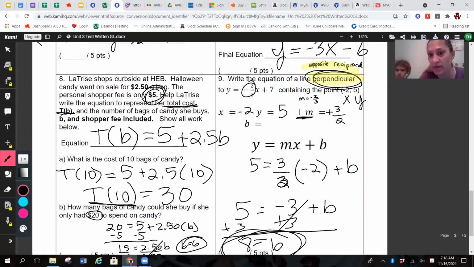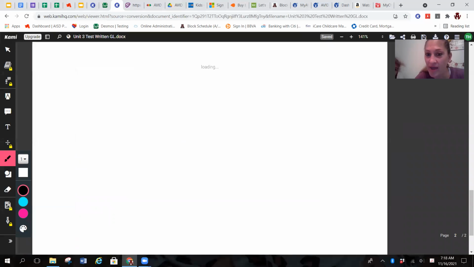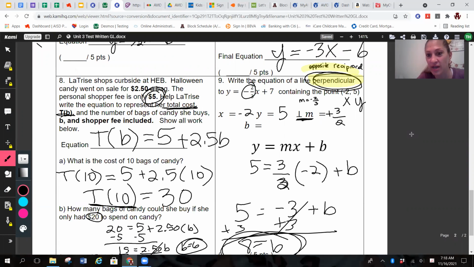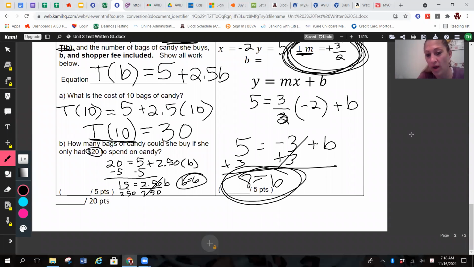Now that you have your B, now that you have your new y-intercept, you are ready to write your equation of the line. Now my computer wants to freeze and not write, so we're going to give it another second. Okay, here we go. We need this new perpendicular slope with that new y-intercept, and now we can write the equation of a line perpendicular to the one that they gave us.